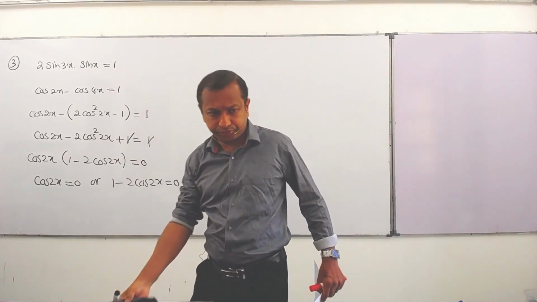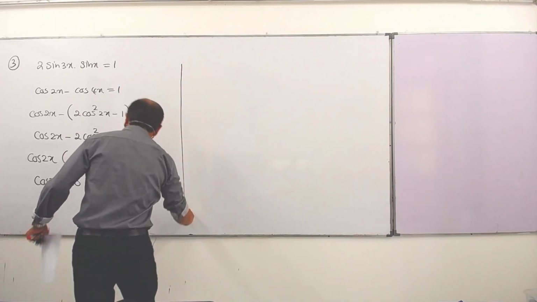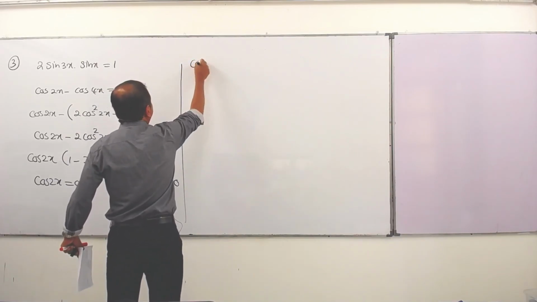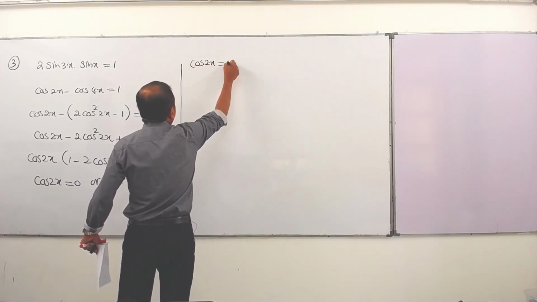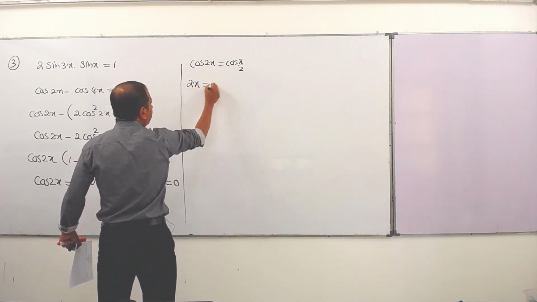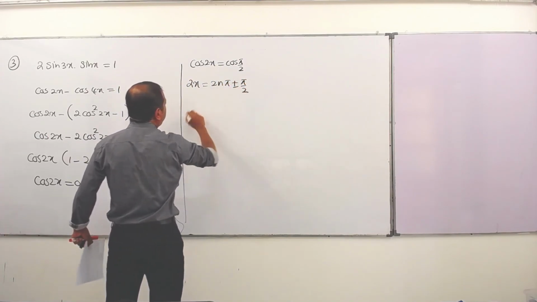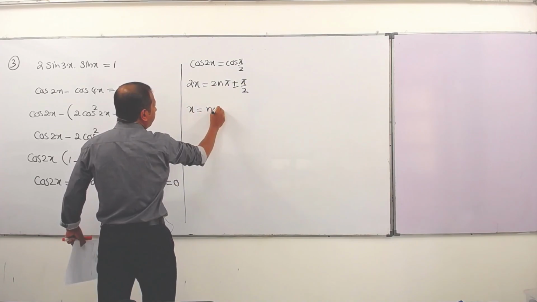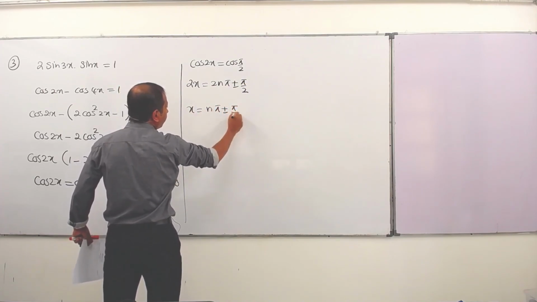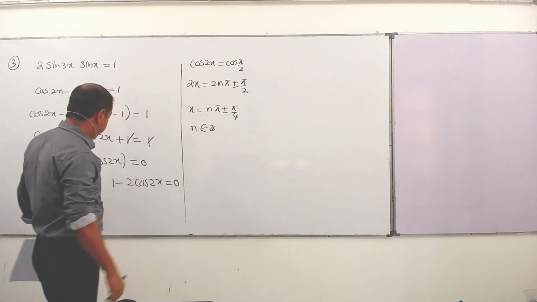Right. Cos 2x equals 0 means I can write cos 2x equals cos π/2. So 2x equals 2nπ plus or minus π/2. X you can write, dividing by 2, this way. What is this n? N is any integer.